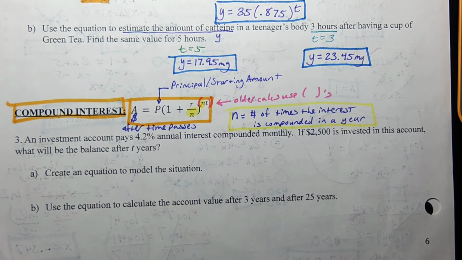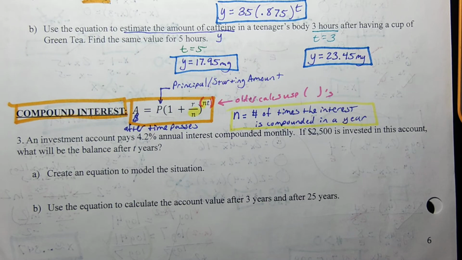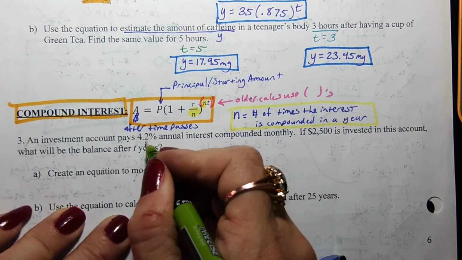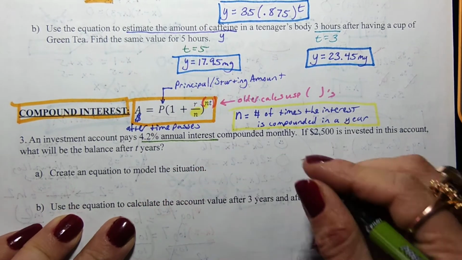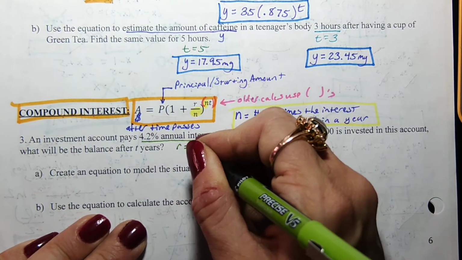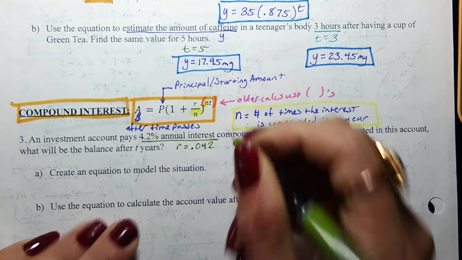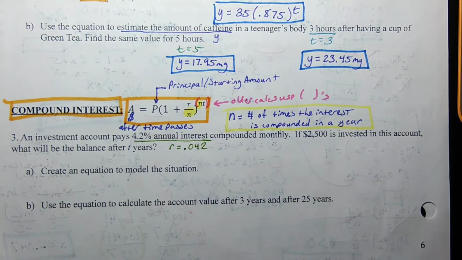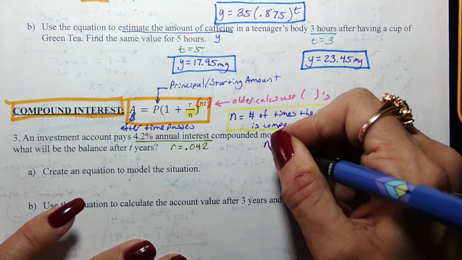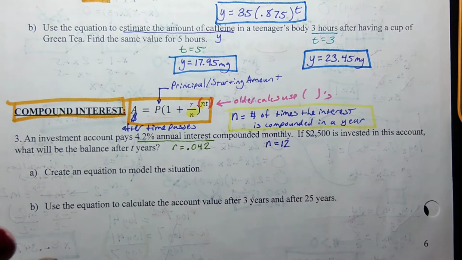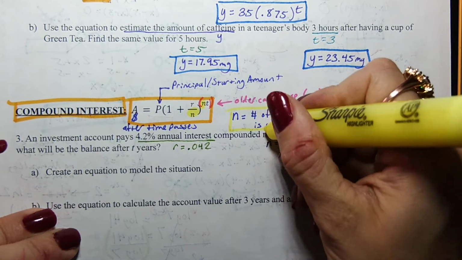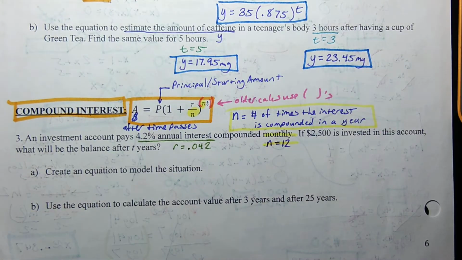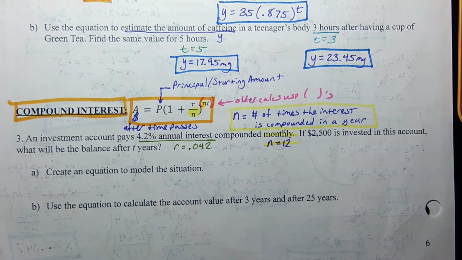So we've got an investment account that pays 4.2% annual interest. Similar to before, we are immediately going to take that interest percentage and change it to a working decimal. So 0.042. It is compounded monthly, so our N will be equal to 12. $2,500 is invested in the account.